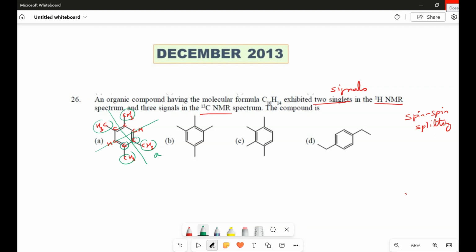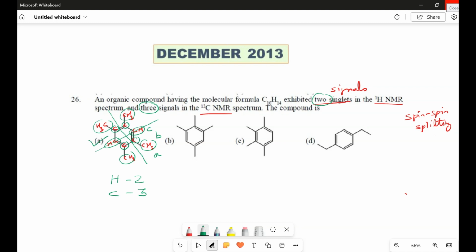All these benzene carbons are again the same, they are quaternary carbon, and the CH carbons will become C. So this particular molecule gives two signals in proton NMR and three signals in carbon NMR. So they've asked for two signals in proton and three signals in carbon, so the answer should be option A.